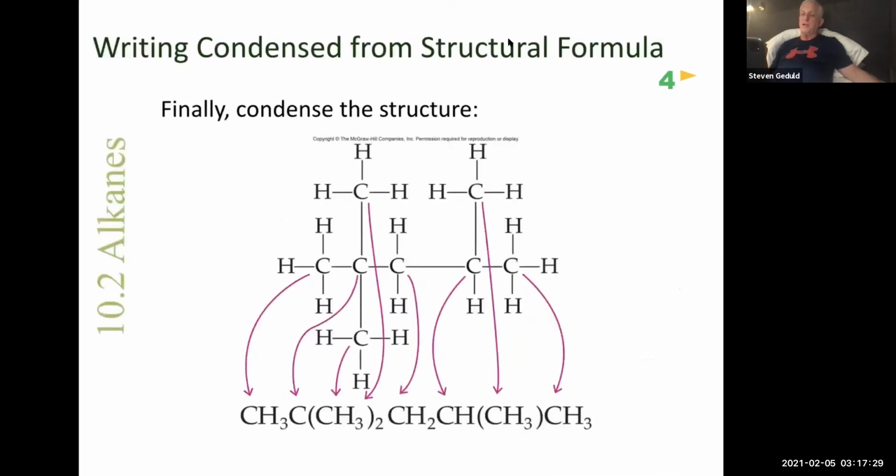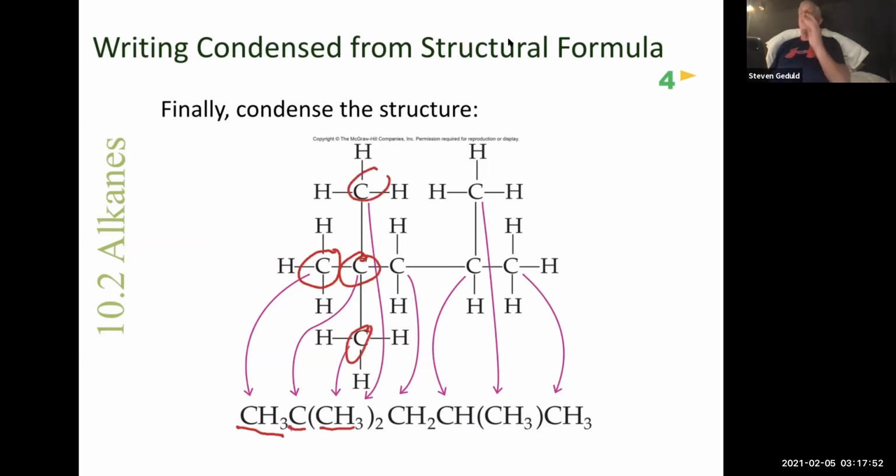Okay, and we'll get plenty of practice at that right now. So writing condensed formulas, which we just did. This shows the arrows of what I basically did. This was your CH3 group, which is right here. This was your carbon, which is right there. These are two CH3 groups, which are right there.